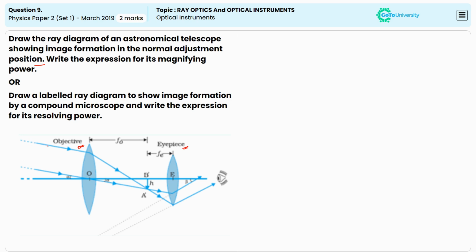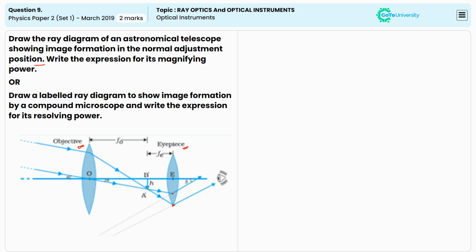When it passes through the objective lens, it will be refracted in this direction towards the eyepiece lens, at this point. And these are the different light rays. One more ray passes through the center of the objective lens, and the two rays meet at this point.